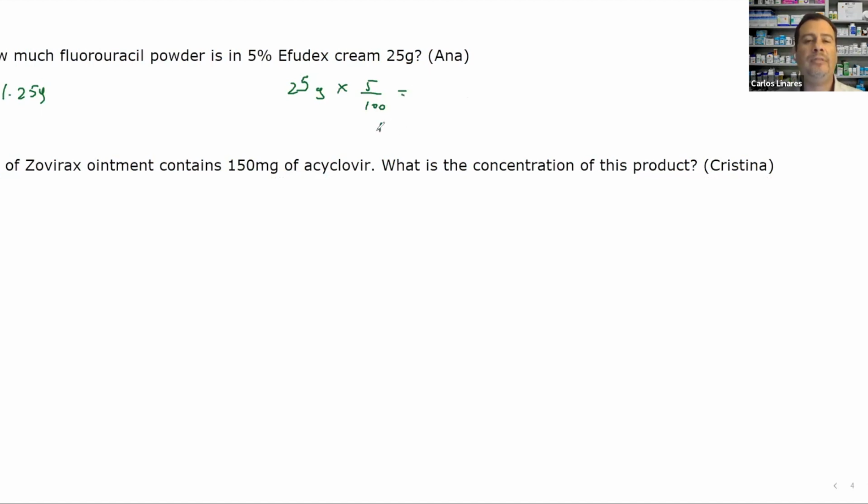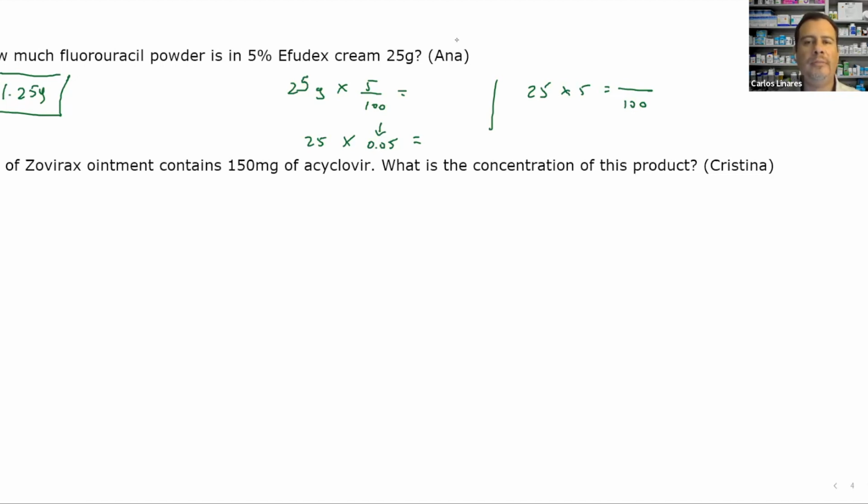Which is the same as saying 0.05 times 25. That's another way of doing it. And that is 1.25 grams.